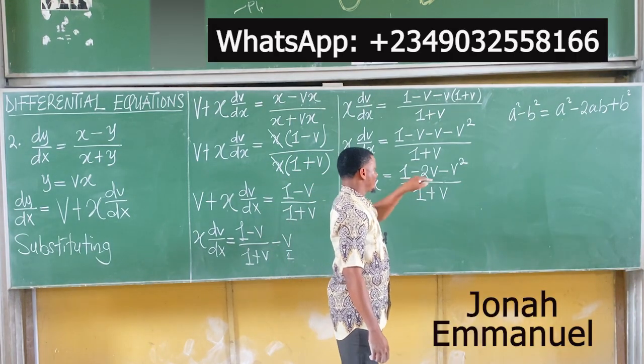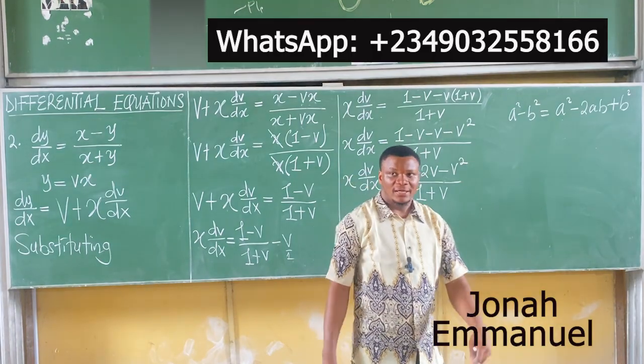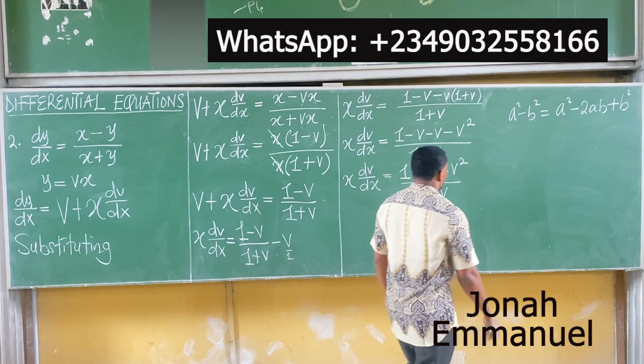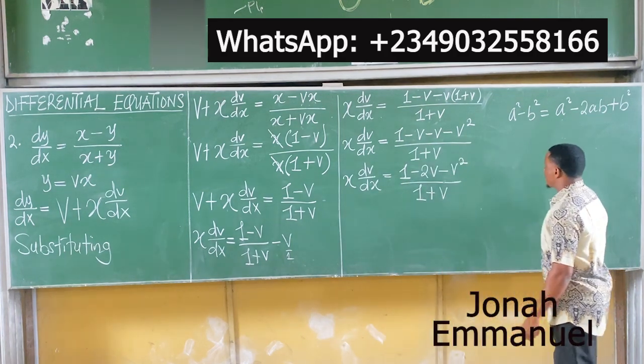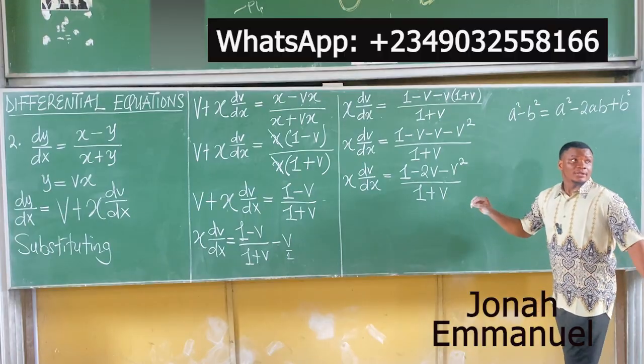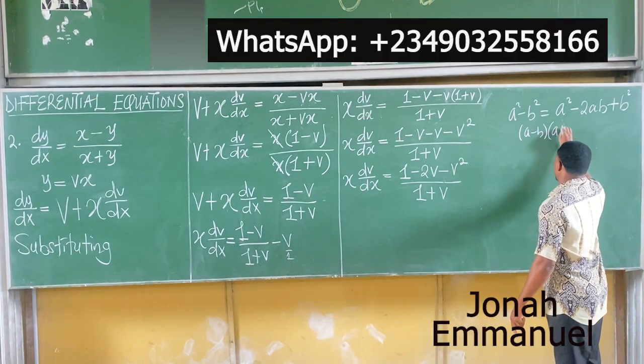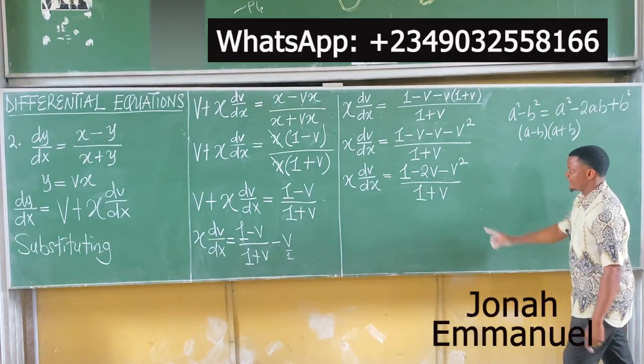So to factorize is what you have. For time's sake. By the way, a squared minus b squared is equal to a minus b into a plus b. Let's see for this one here.